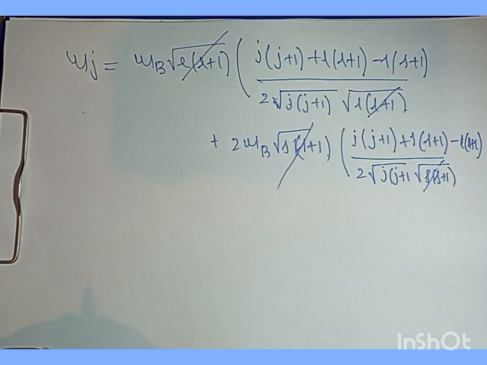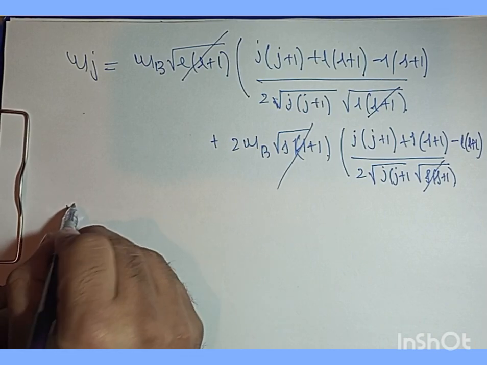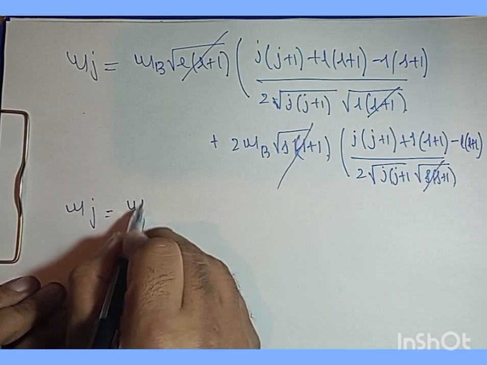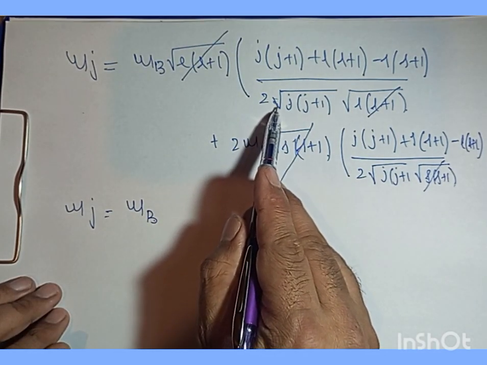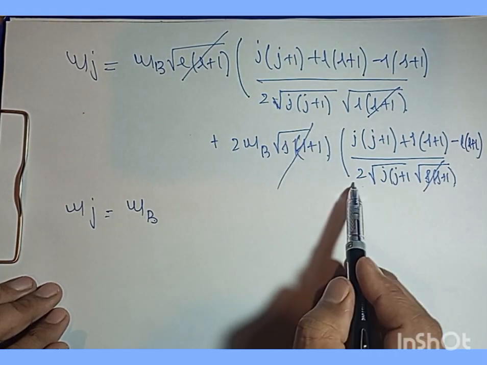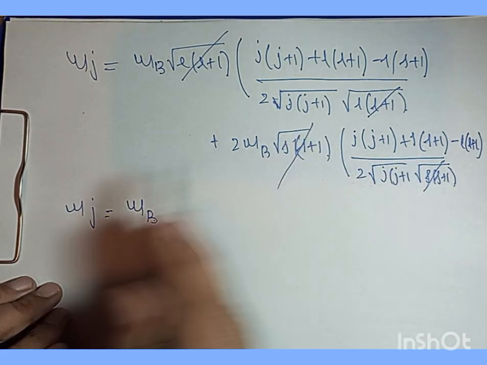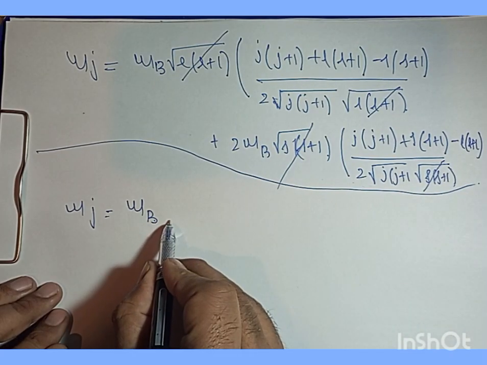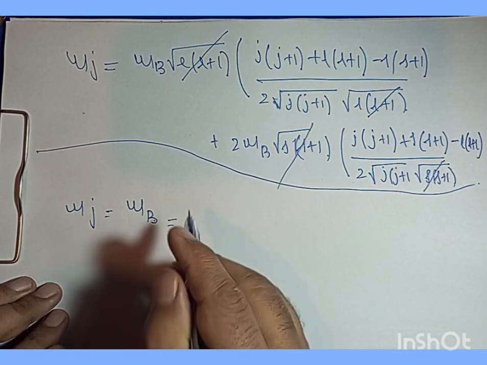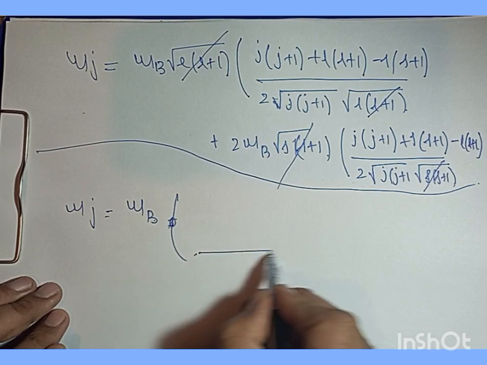So what we are left with is mu j is mu b times, okay, so here we will have 2 times under root of j times j plus 1. So mu b will be outside. Okay, let me differentiate this. So mu b will be outside, so we will have the LCM here.